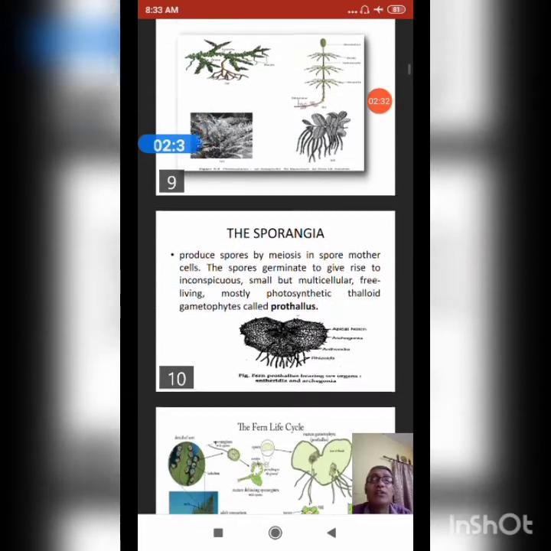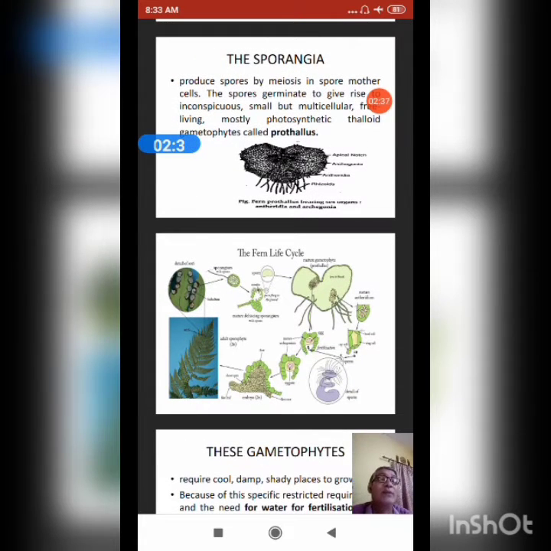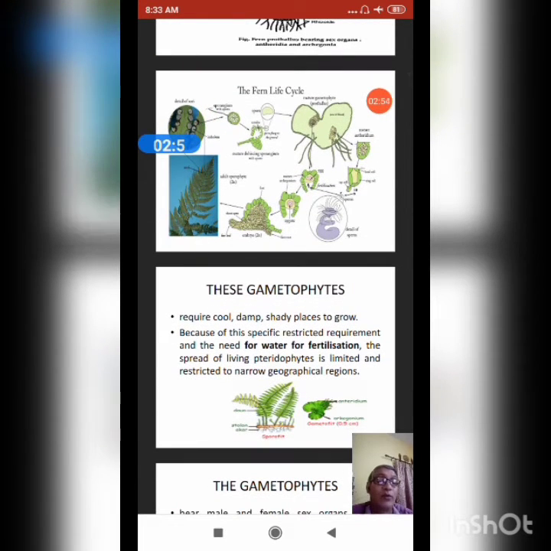Let's talk about the sporangia. Sporangia produce spores by meiosis in the spore mother cell. The spores germinate to give rise to an inconspicuous, small but multicellular, free-living, mostly photosynthetic thalloid gametophyte. These are called the prothallus. Let us see the picture of the prothallus and how it looks.